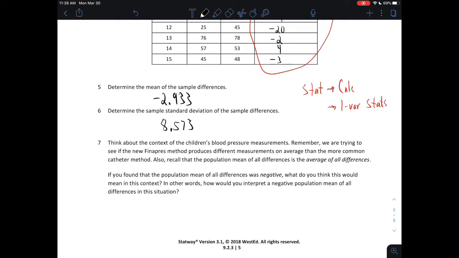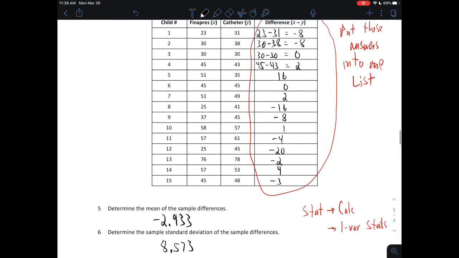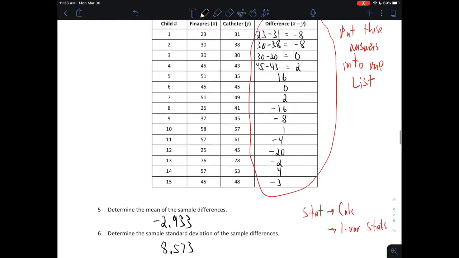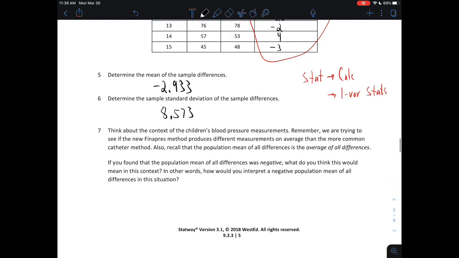What we want to think of is this idea for subtraction that we were doing was taking the Finipress method minus the catheter method. And under that subtraction, if we were getting negatives, which number would have to be larger on average?